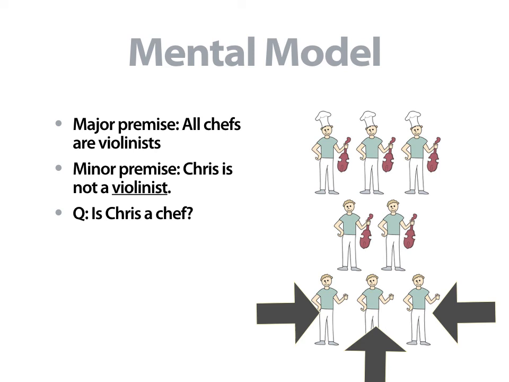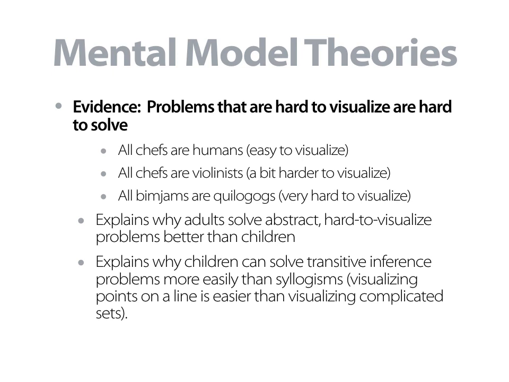Now, what's interesting is that when people are given a visual depiction like I've shown you, these problems are really easy. When people are given the problems and they have to solve them on their own, they seem to create these. And why do we think that they're creating them? Well, one is that problems that are hard to visualize are also hard for adults who aren't trained in logic to solve.